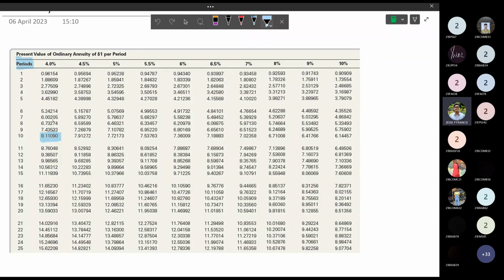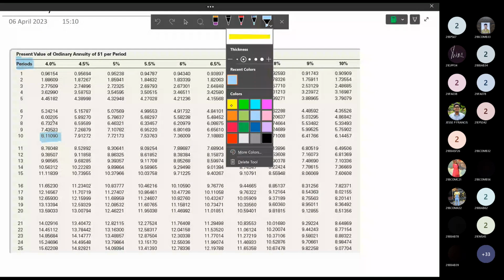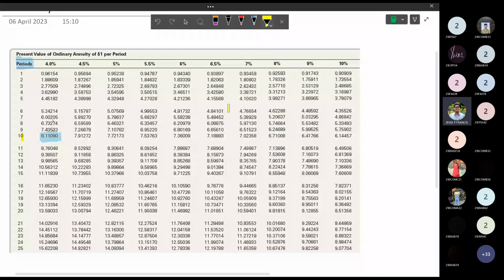Others, are you clear on how to use the annuity table? Look at the period. The period is given to be 15 years, so this is the line you should look at.